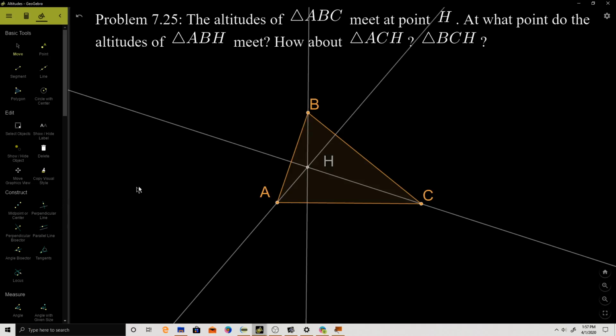So, what I am going to do is draw the segments of the altitudes and get rid of all the extra lines in the problem that we don't really need to look at.